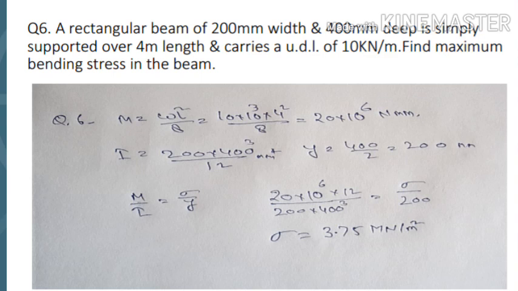So we have got the value of M as 20 into 10 power 6 Newton millimeter. Now putting all these values in the bending formula M upon I equal to sigma upon y, we can easily determine the allowable stress sigma as 3.75 mega Newton per meter square.